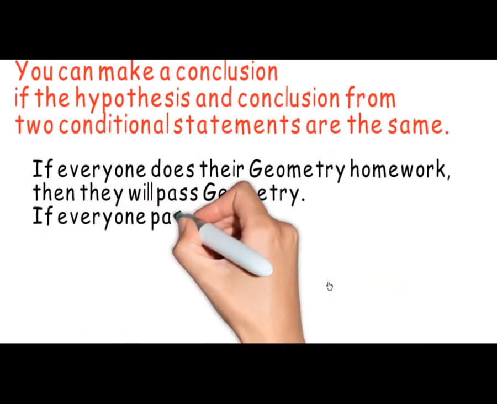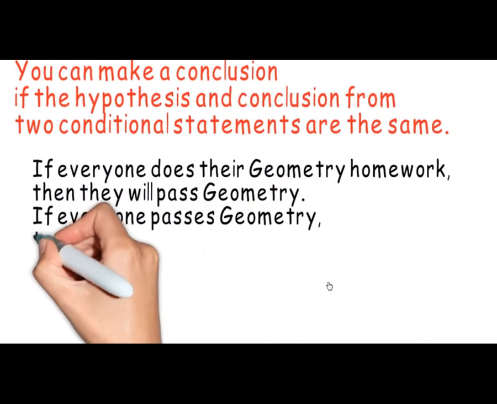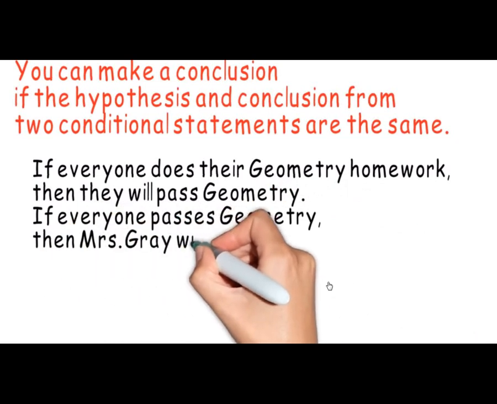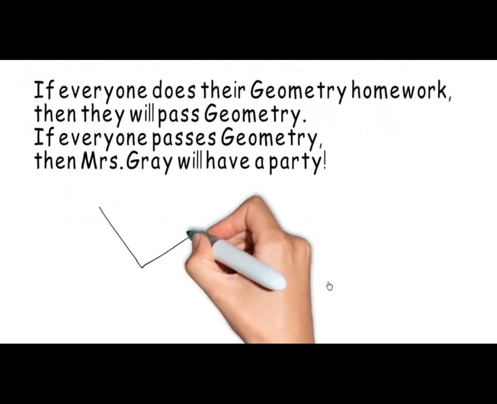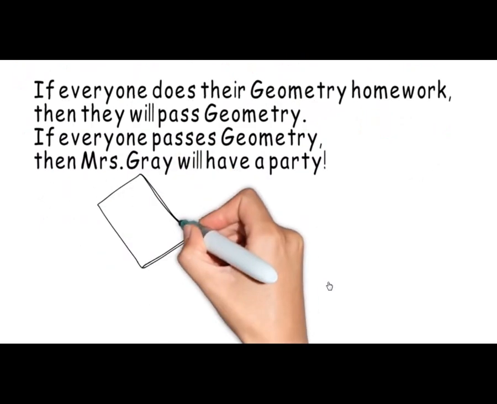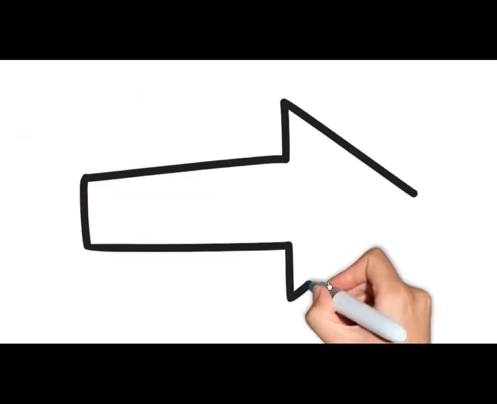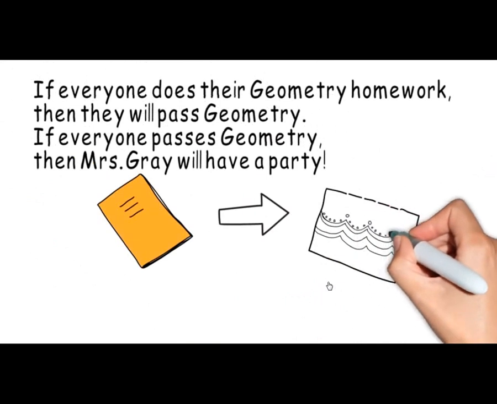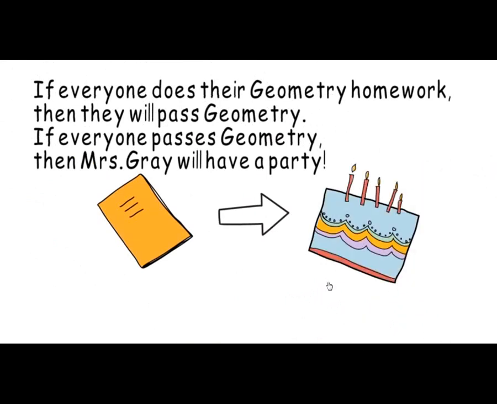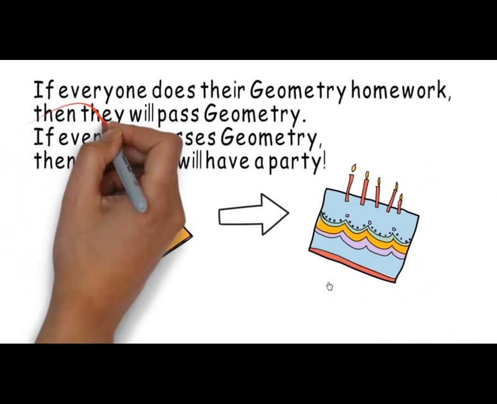If everyone passes geometry, then Mrs. Gray will have a party. Well, we can conclude then that if everyone does their geometry homework, well then, voila, Mrs. Gray is going to have a party with lots and lots of cake.